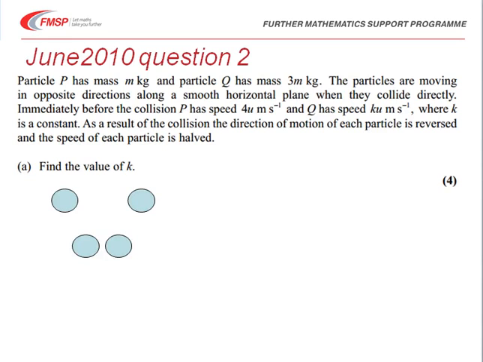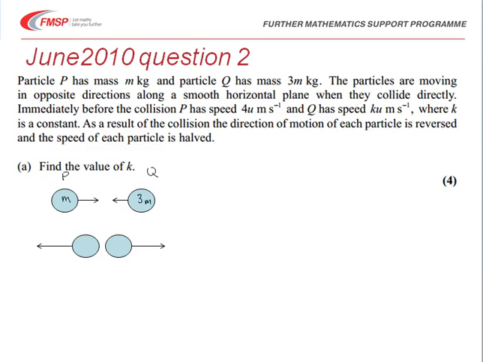Well, let's put the information that we've got in the question onto a diagram then. We have momentum in opposite directions here for the two objects, and then afterwards we are told that the directions have reversed, like so. So now putting some numbers onto that, this is P with mass m, Q with mass 3m.